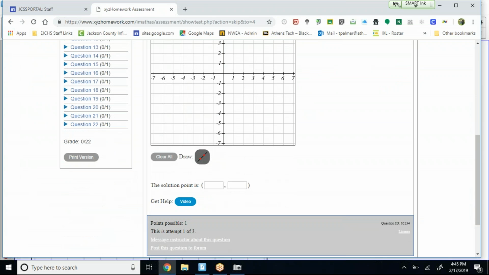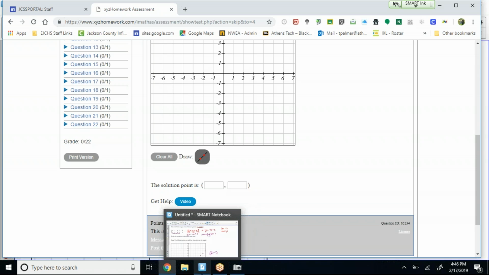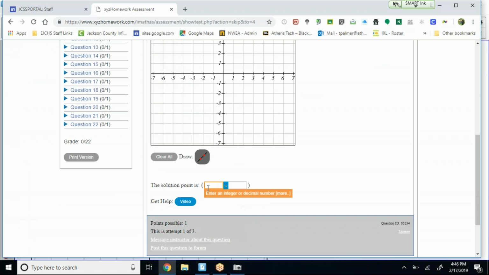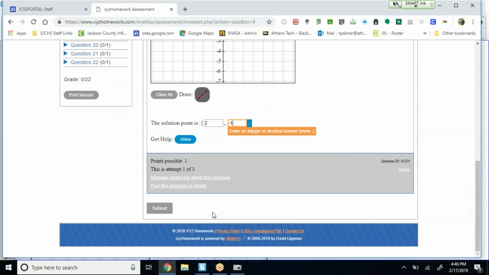I'm not sure. Can you put in? Well, let's see something. What did I say? The answer was 2, negative 1, right? Yeah. So let's just see if it'll take it without me. 2, negative 1, and submit.